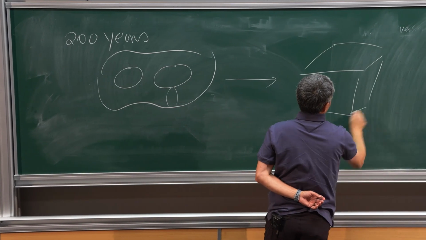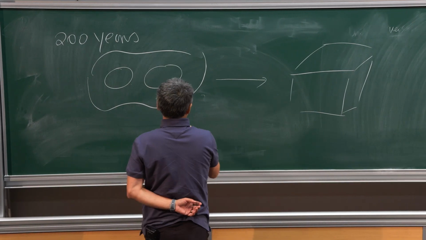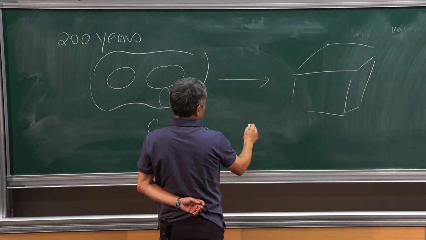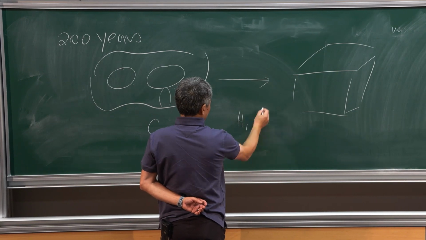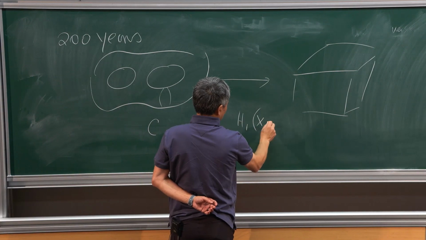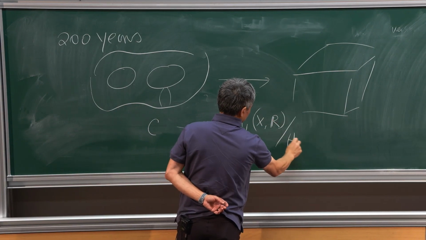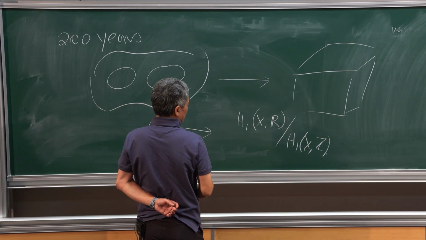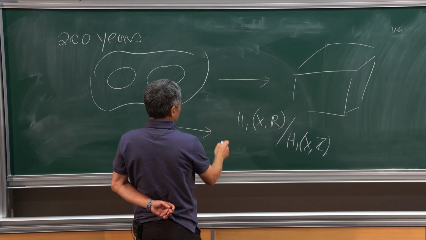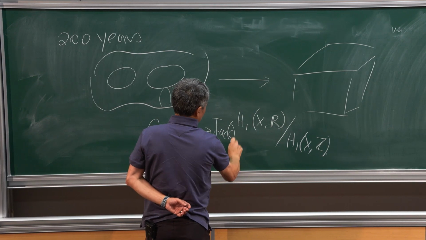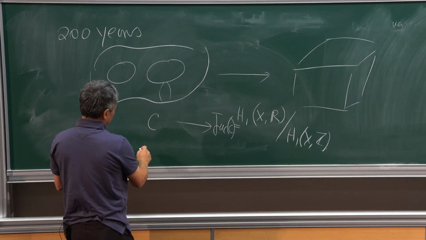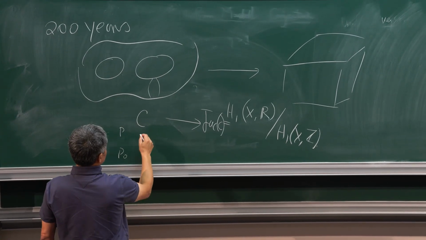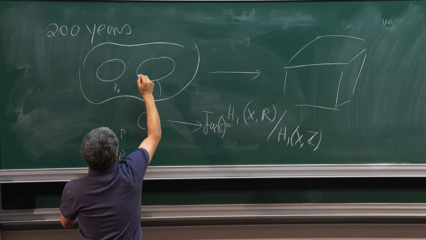You get a torus there, and this is the curve C. Then you pick up the integral, you get the H1 of C, R, whatever. So you get an integral there, the Jacobian of C. You start with a point P0, and a point P there.